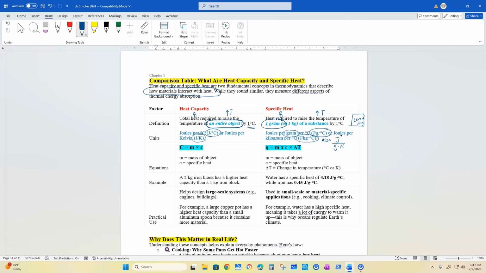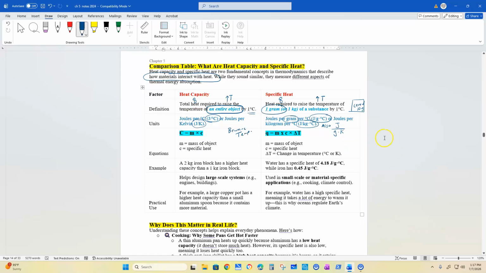There is a beware. Beware of temperature when you have Celsius versus Kelvin. I know I'm going to talk about it later again. When you have 1 degree Celsius, if I add 273 to get it to Kelvin, it's 274. If I go 2 degrees Celsius, add 273, I'm going to get 275.